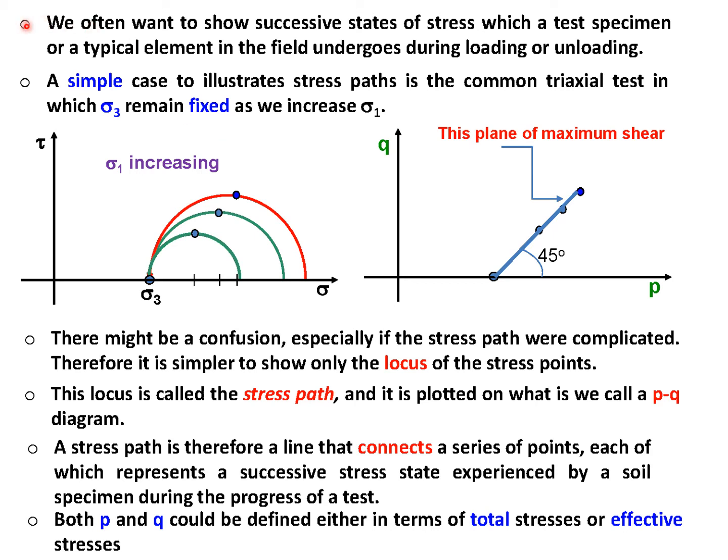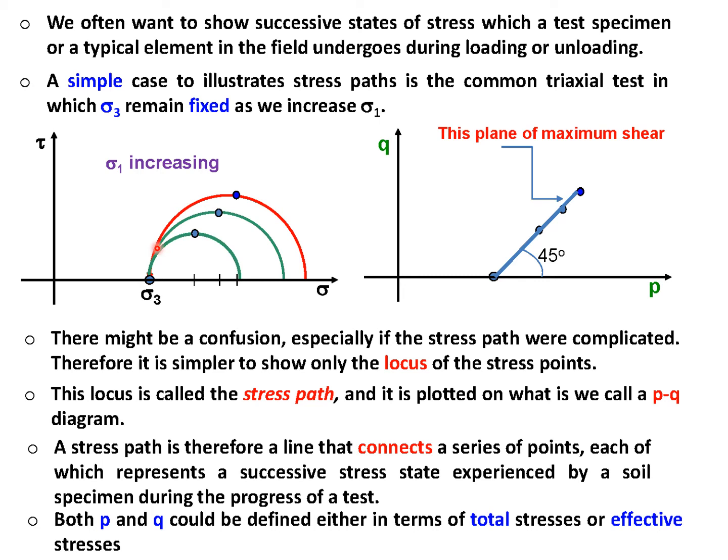So we often want to show successive states of stress which a test specimen or a typical element in the field undergoes during loading or unloading. So both the loading and the unloading case. A simple case to illustrate stress paths is a common triaxial test in which sigma 3 remains fixed as we increase sigma 1.